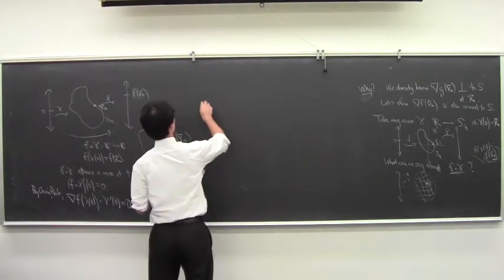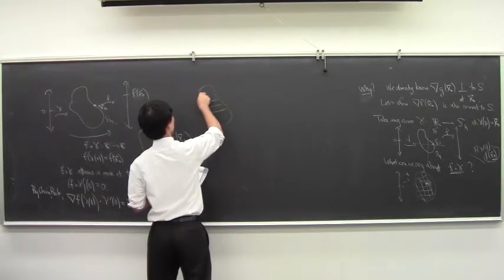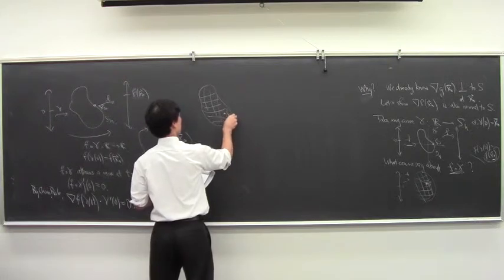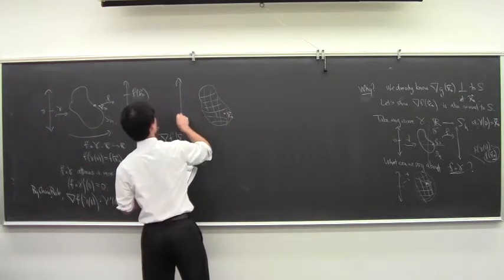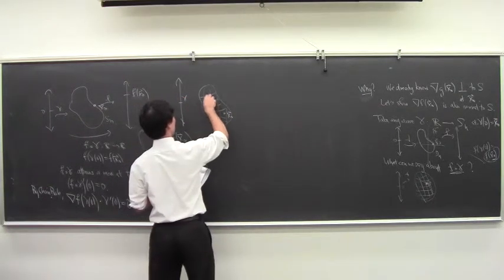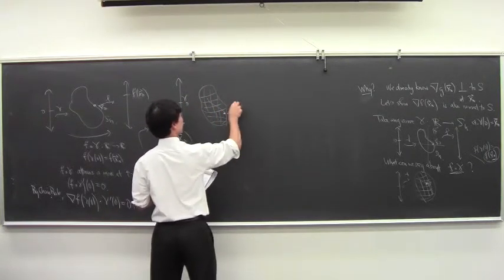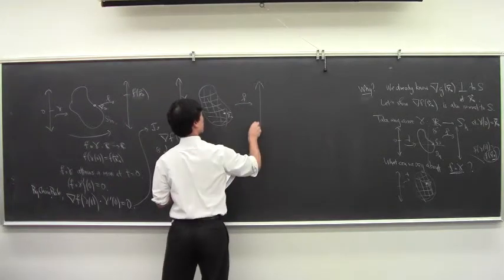Okay, so let me draw the three-dimensional picture, which will make it better. Here is x naught. Gamma is some path that cuts through here, right? At time 0, it goes through here. Here's f.